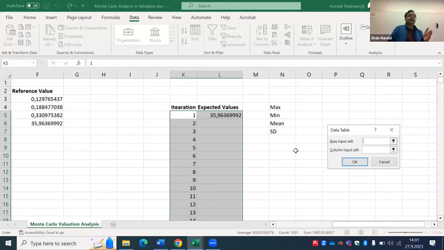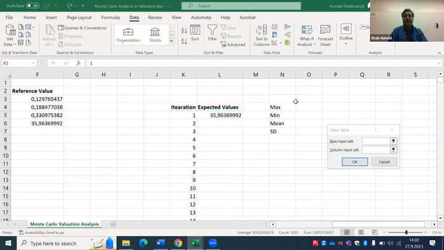Expected value is which column? K. Okay, expected value is K column. Huh? Expected value is L. L column. So I want L column to be filled. Because I moved, I have to do it all over again.